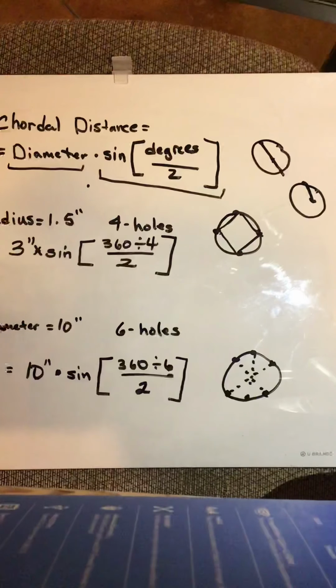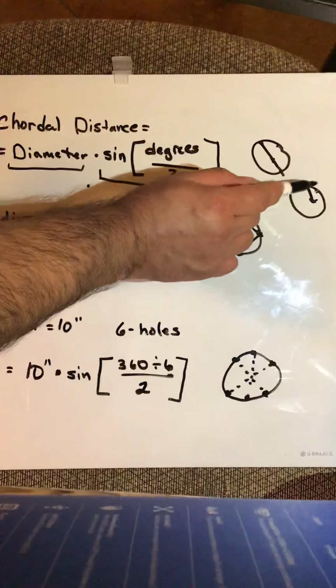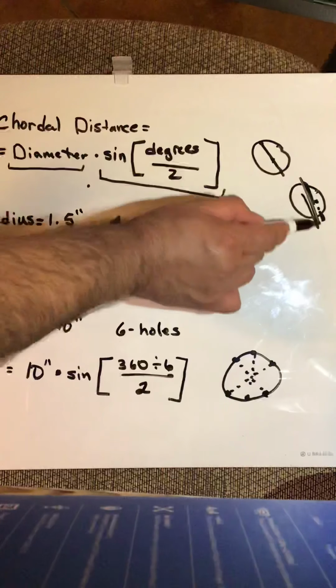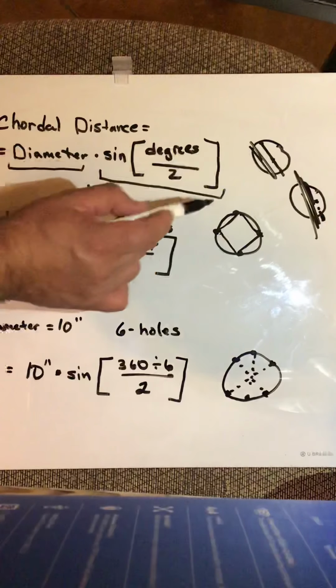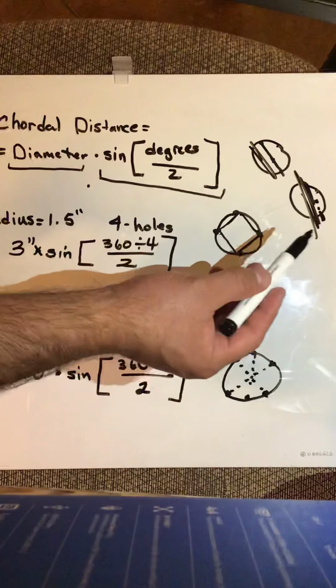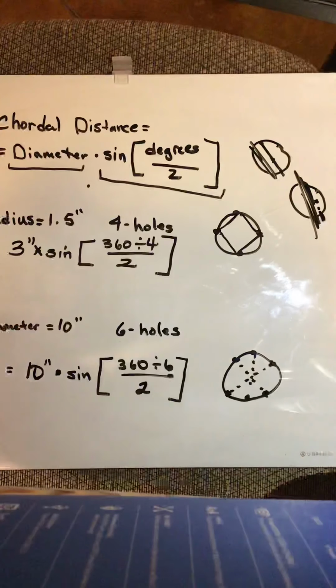One way to think about it is the radius is from the center to the outside. If I double it, that makes it a diameter. So a radius is half a diameter, or a diameter is 2 times the radius.